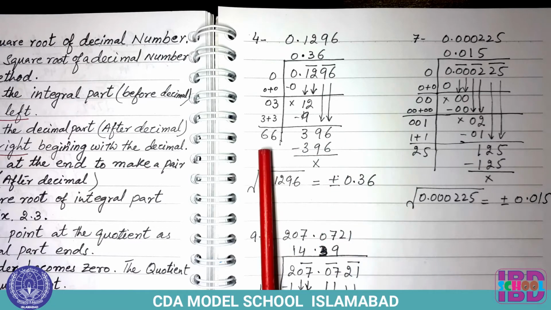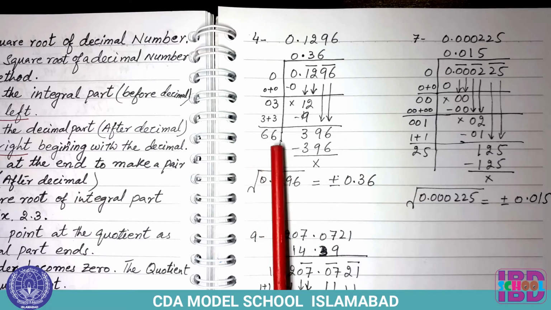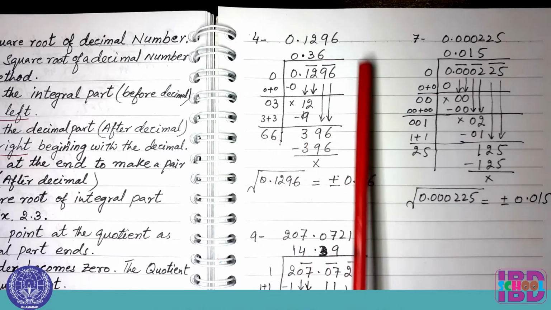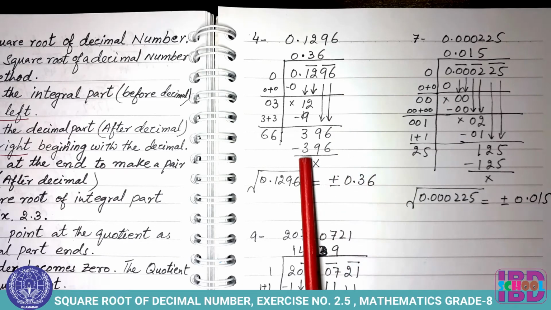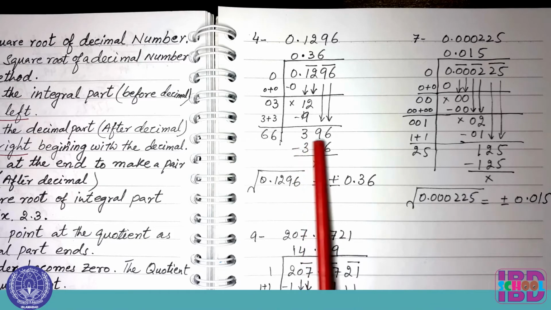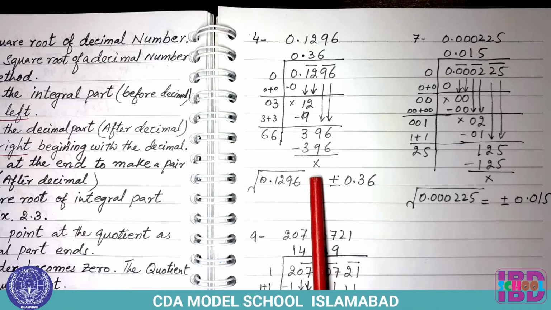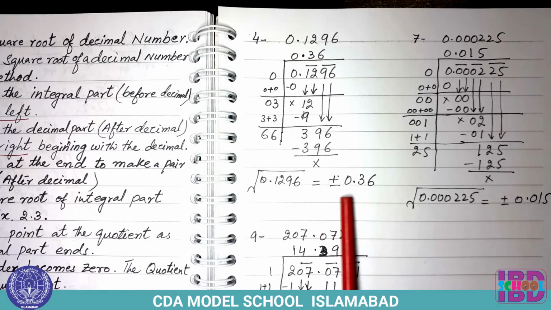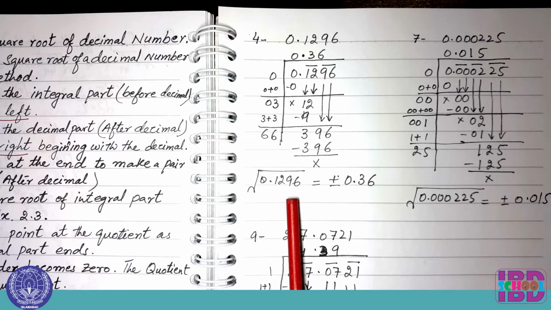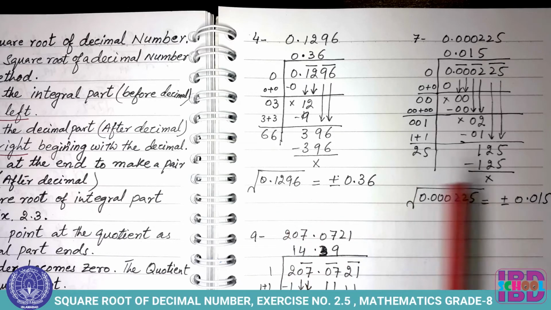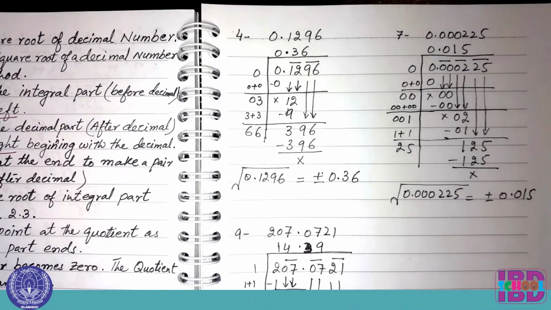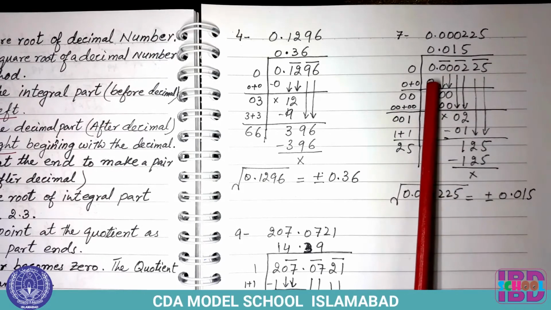Now we should find the new digit in the quotient, that is 66 into 6 is equal to 396, which is exactly equal to the dividend. So 0.36 is the square root of 0.1296.